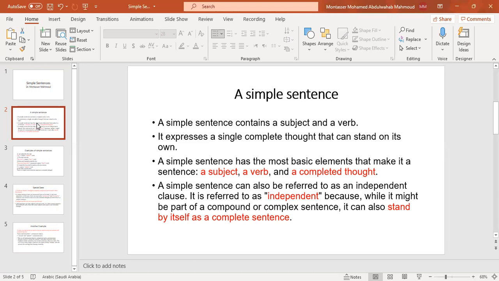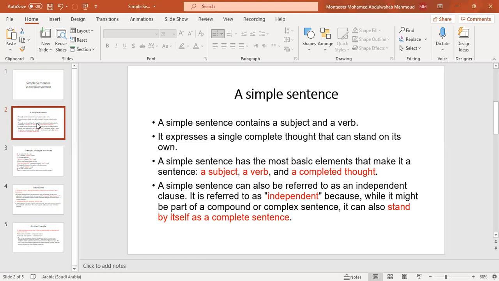So please combine these two important concepts and consider them as referring to just one thing, which is a simple sentence. Independent clause and simple sentence, both of these concepts refer to the same essence.